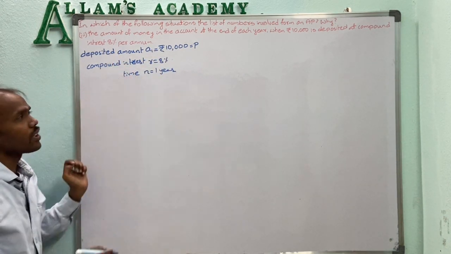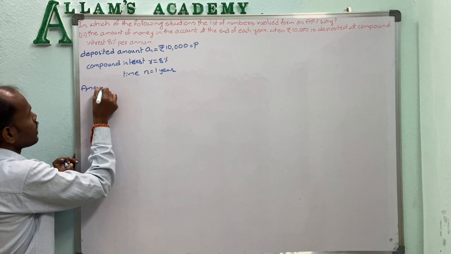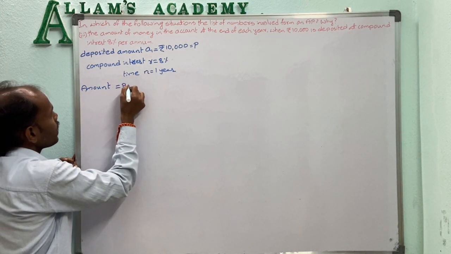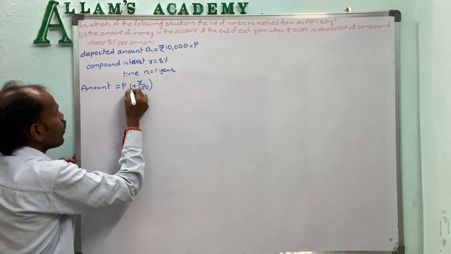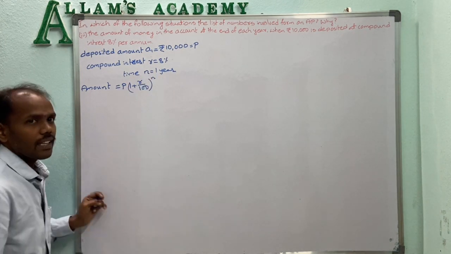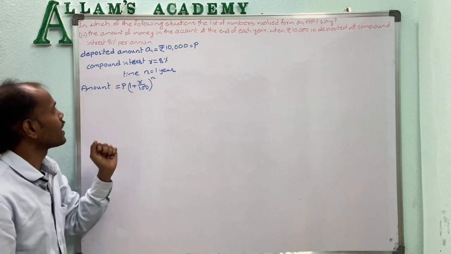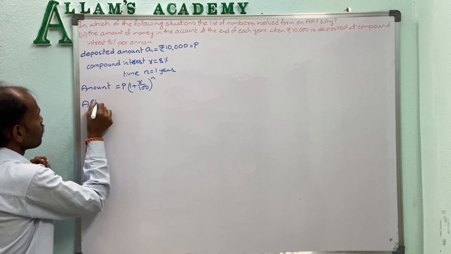Because in compound interest, the compound amount is equal to P into 1 plus R by 100 whole power n. That is the principal.